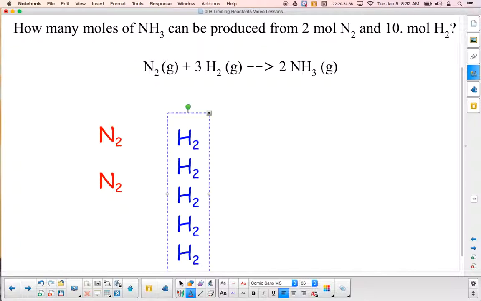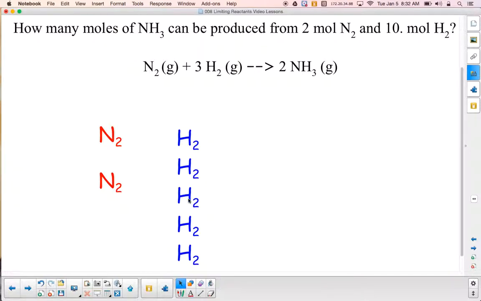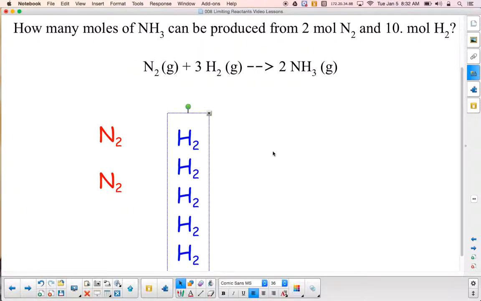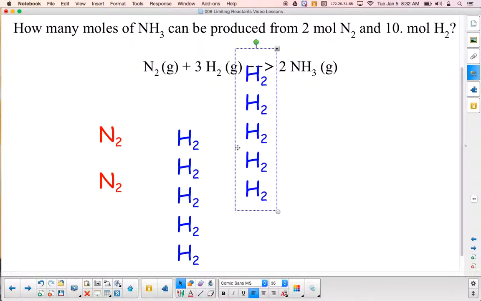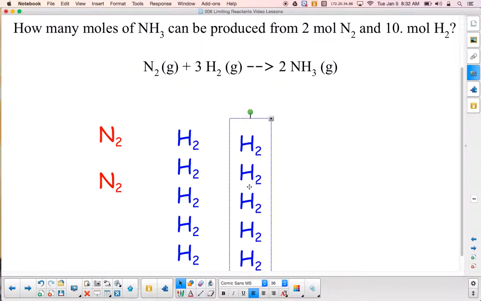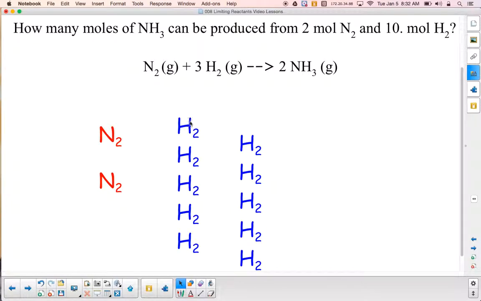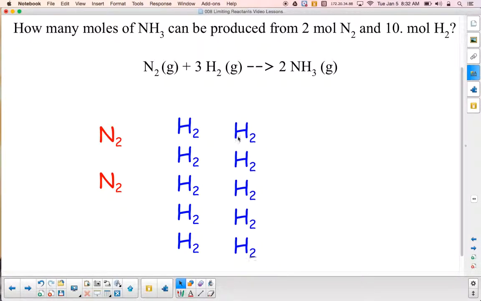And just to save some time typing here, copy this and paste that right there. So I now have a representation of 2 moles of N2 and 10 moles of H2.